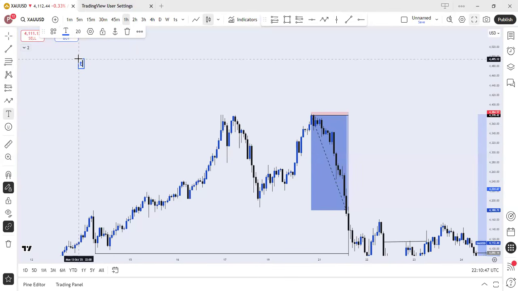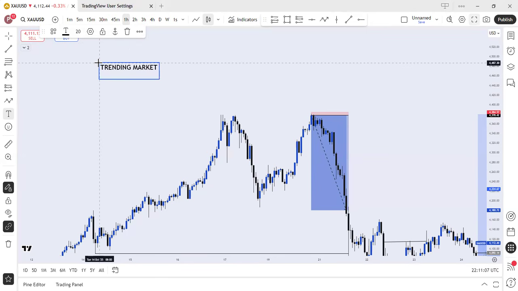The first thing that I take notice of is my trending market. The second one that I take note of is a ranging market. And the third thing that I look out for is my supply and demand zones.